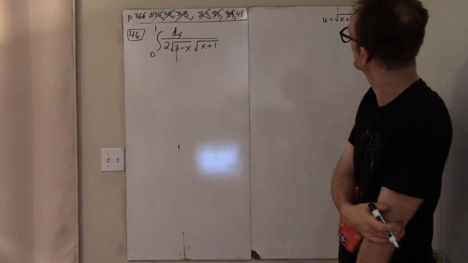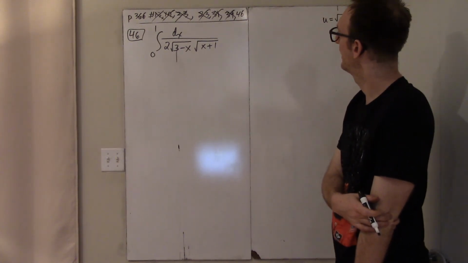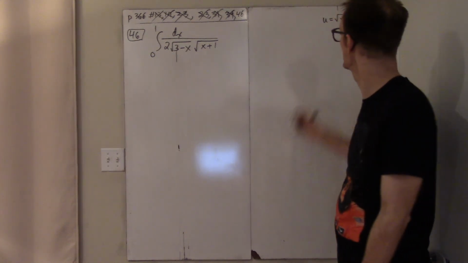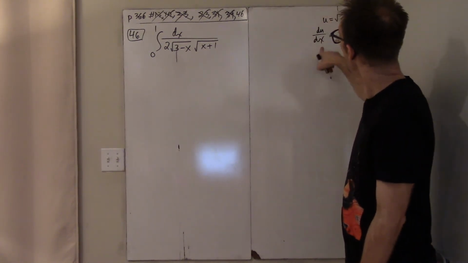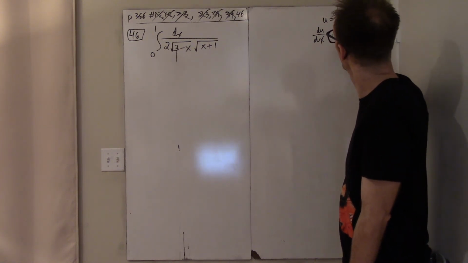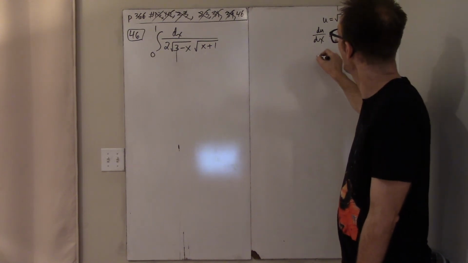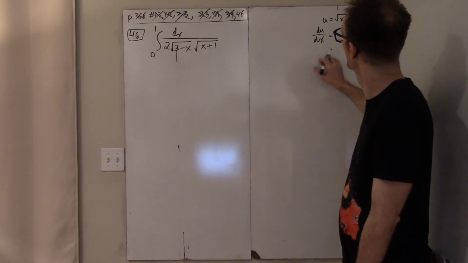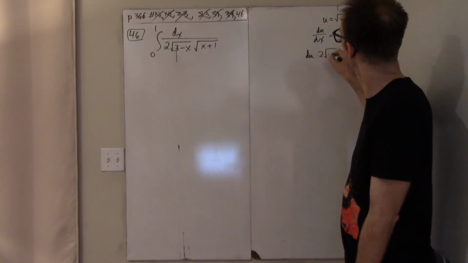Well, if u is root x plus 1, then, okay, one thing I can do is differentiate. So du dx would then be the derivative of that, which is going to be 1 over 2 root x plus 1. And so one way of writing this is that du times 2 root x plus 1 is dx.